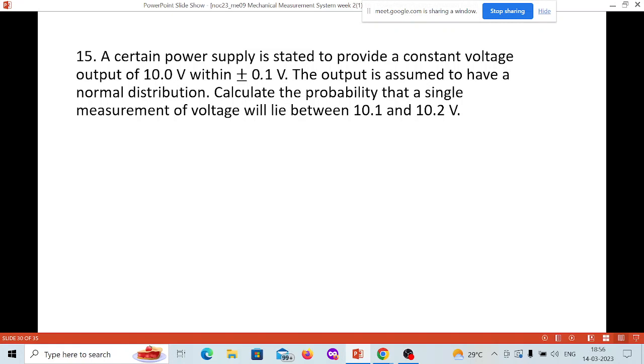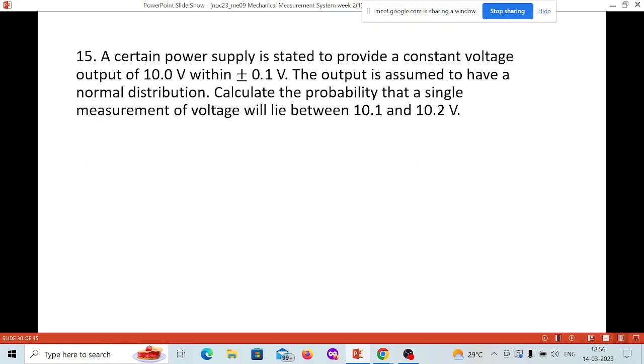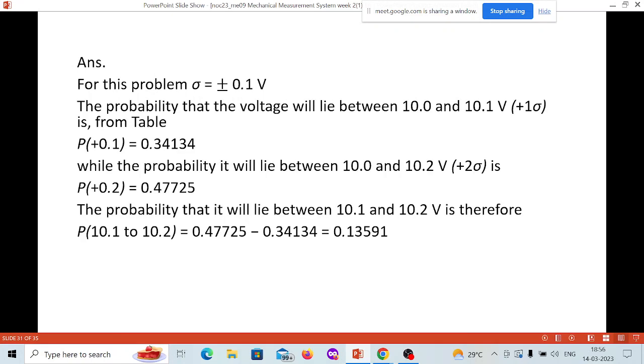So this is a normal distribution. For this case we have a standard deviation of plus or minus 0.1 volts. Your value is 10 volts, but it varies by 0.1 volt, so the standard deviation will be plus or minus 0.1 volts. The probability that the voltage will lie between 10 and 10.1 volts is plus 1 sigma, and the probability that it will lie between 10 and 10.2 is plus 2 sigma.